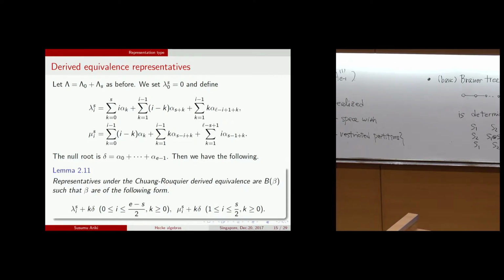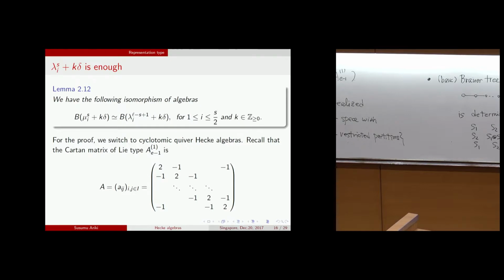And then the lemma is that representatives under the Chuang-Rouquier derived equivalence are beta of the following form: lambda_{s,i} plus k delta and mu_{s,i} plus k delta. So this is just a commentary thing. So we may focus on B_beta, where beta is of this form, to determine representation type.